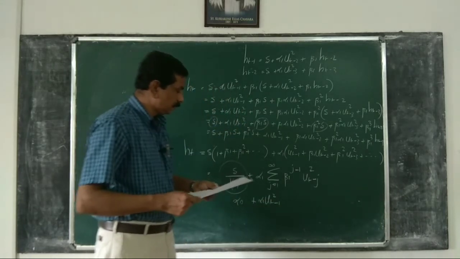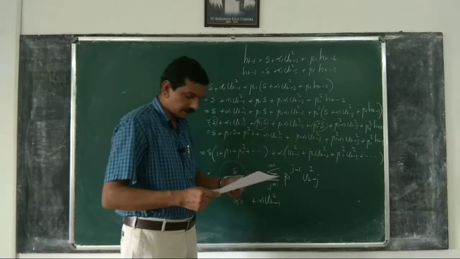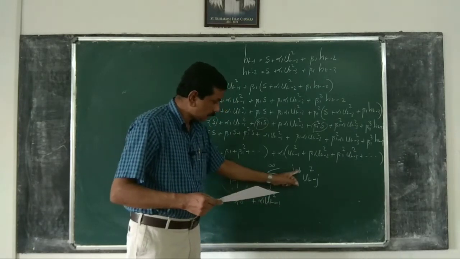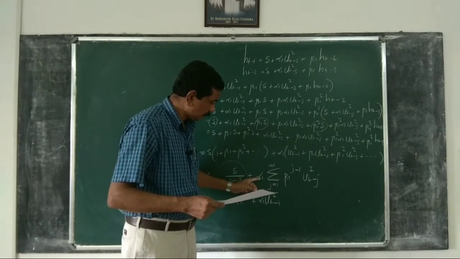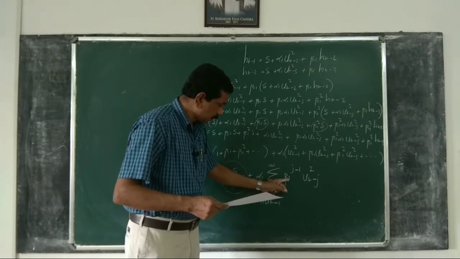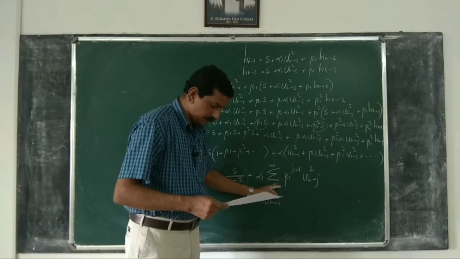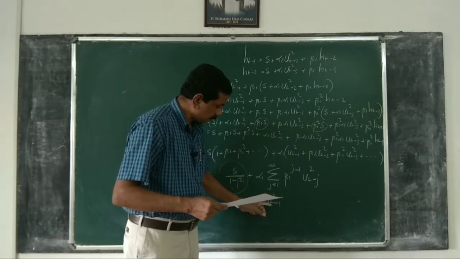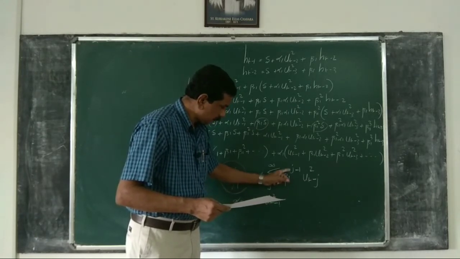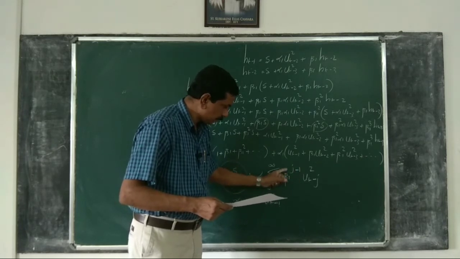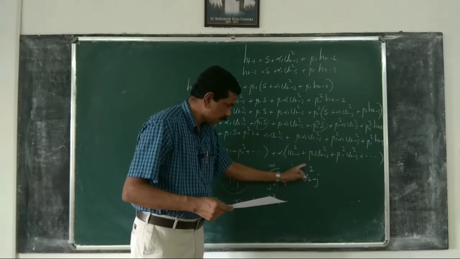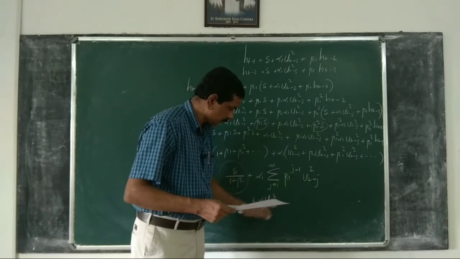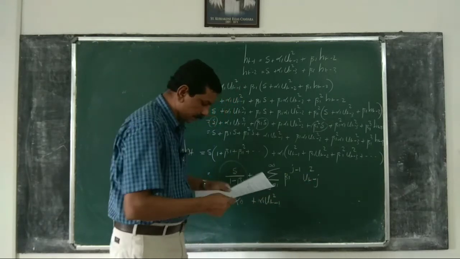If you give the value of j equal to 1, then alpha 1 means beta 1 raised to 0, so that is 1, then ut minus 1 square.